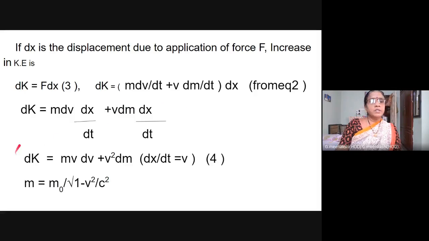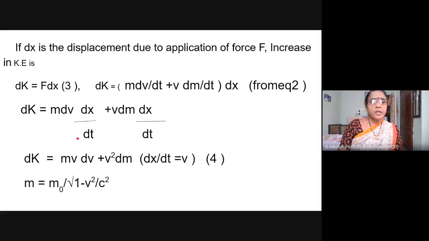Now, the increase in kinetic energy is given by, if we multiply this force into displacement, m into dv by dt into dx plus v into dm into dx by dt.